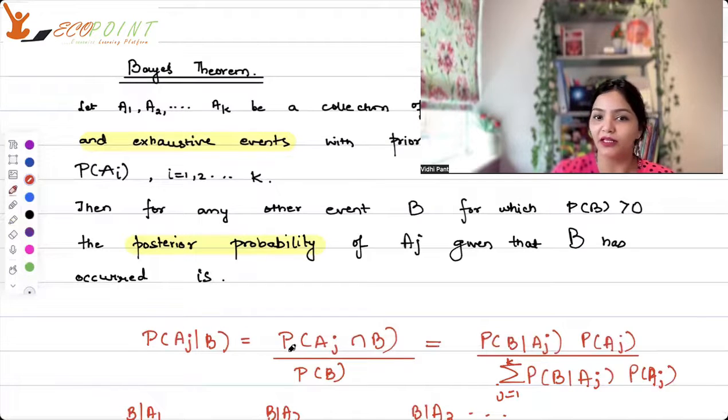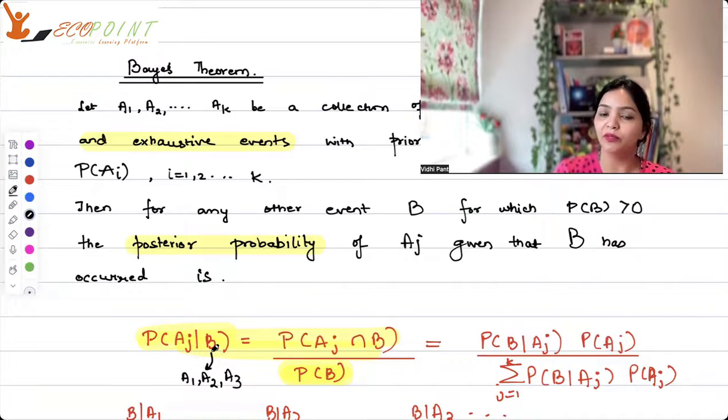So wherever you come across a scenario where the denominator you see here is the total probability under certain circumstances, then the probability you are calculating is Bayes' theorem, nothing else. I always tell my students to remember Bayes' theorem from the point of view of a scenario wherein you are trying to find a conditional probability AJ given B, and this event B is associated to different events A1, A2, A3.